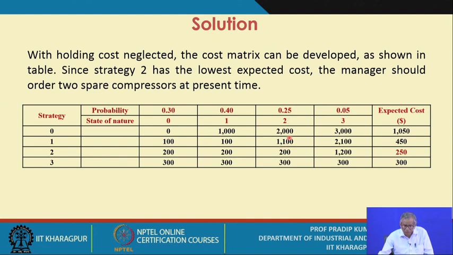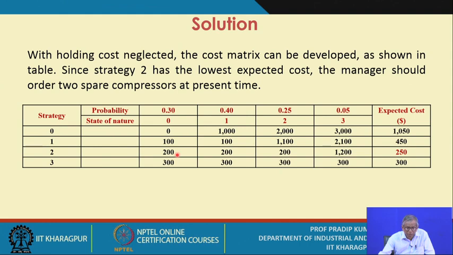So the total value will be 1000 plus 1000, $2000. And similarly if there are 3 failures, you have to purchase 2 more compressors at a cost of 2000. So, 2000 plus the 1000 you have already spent, it is 3000.